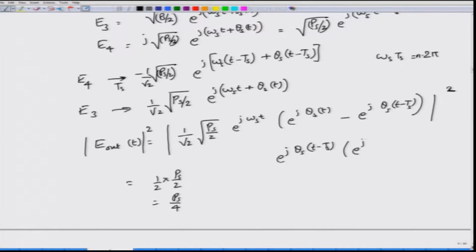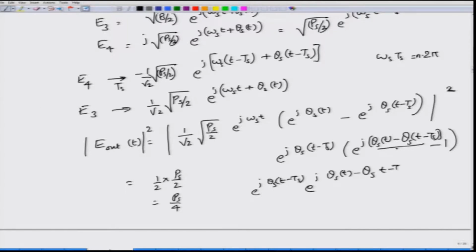If I take that out, I get e power j theta s of t minus theta s of t minus Ts, minus 1, correct. Now what I do is, I take this half of this out. So I get e power j theta s of t minus Ts and e power j theta s of t minus theta s of t minus Ts by 2 out.